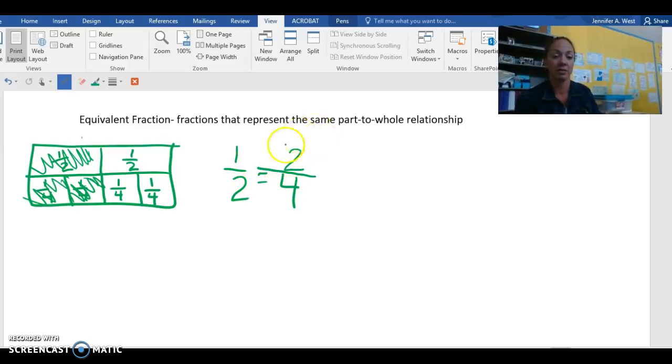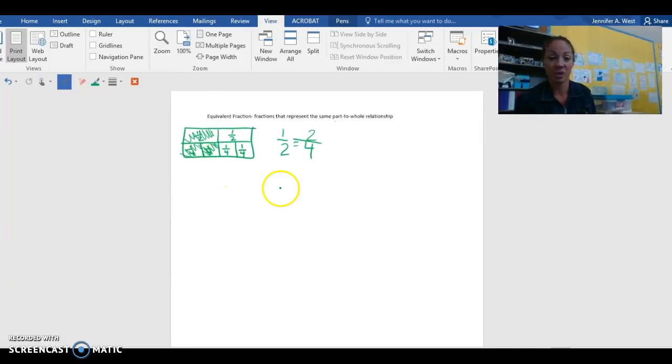So 1/2 is an equal fraction, or equivalent to 2/4, and shows the same part to the whole as the other one does.